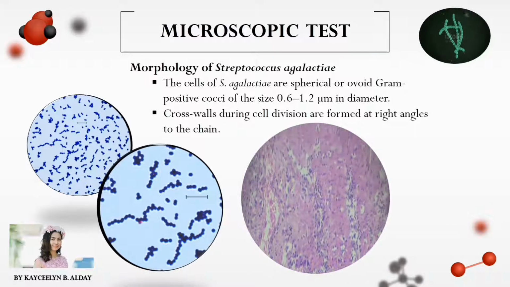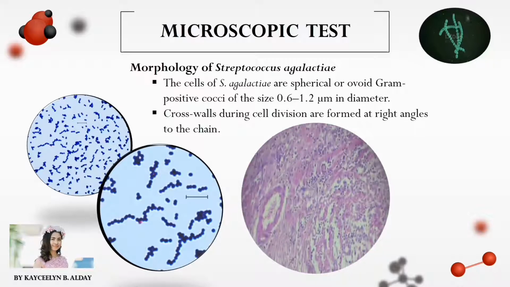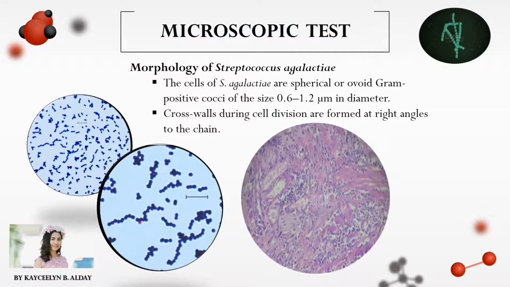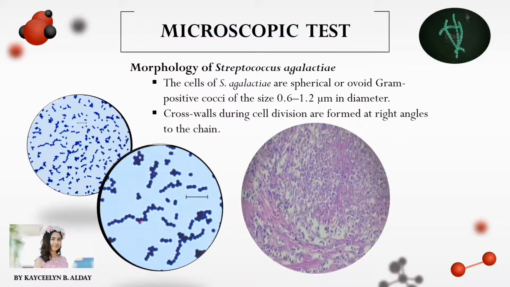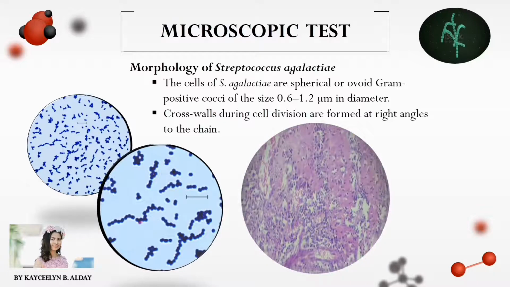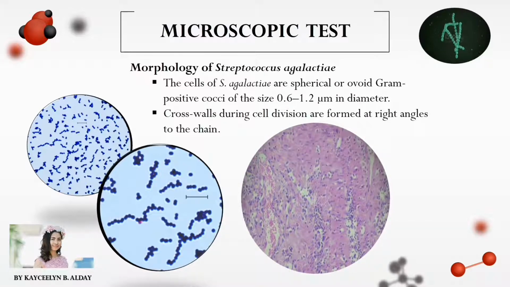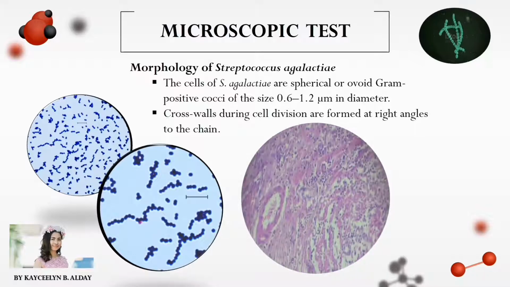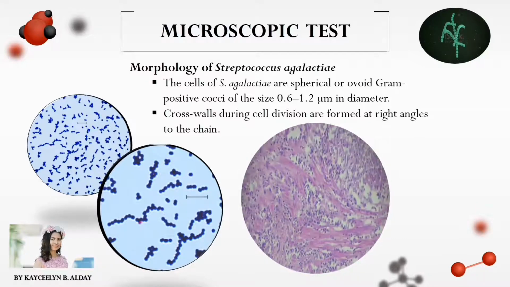Next, the peptidoglycan present on the cell wall of Streptococcus agalactiae and the group B specific polysaccharide antigen is composed of rhamnose, N-acetylglucosamine, and galactose. The cell membrane has a lipid-protein bilayer that helps in the transport of different molecules.